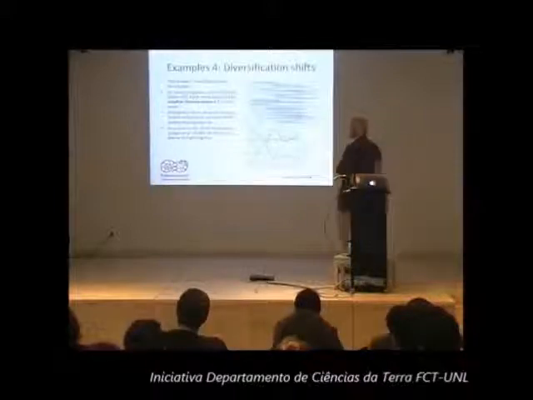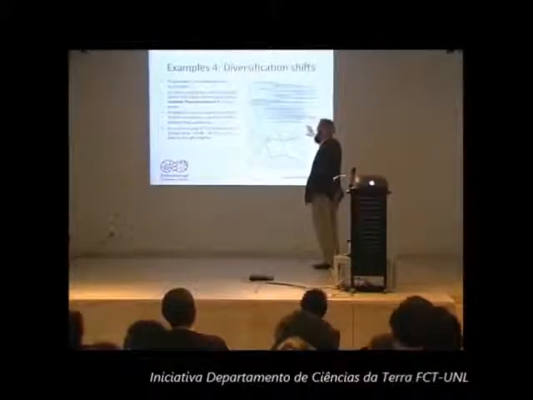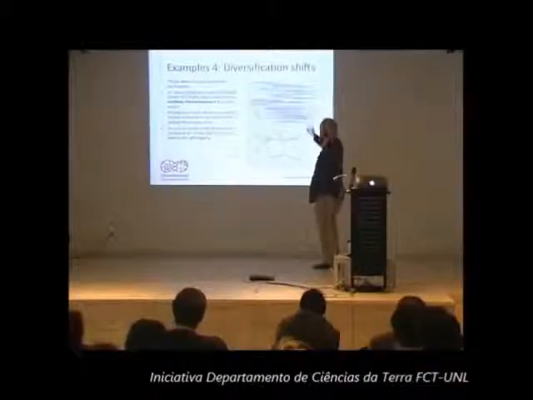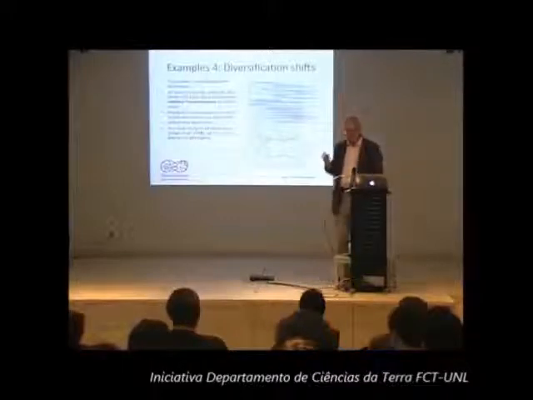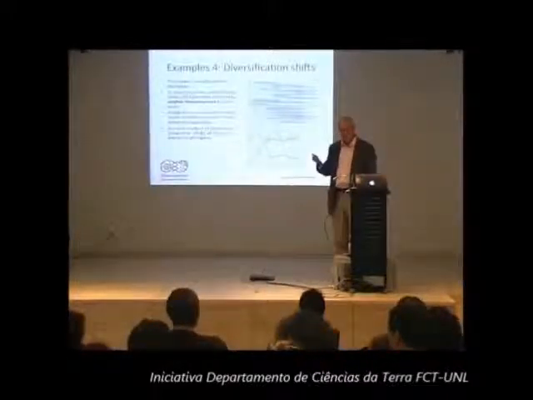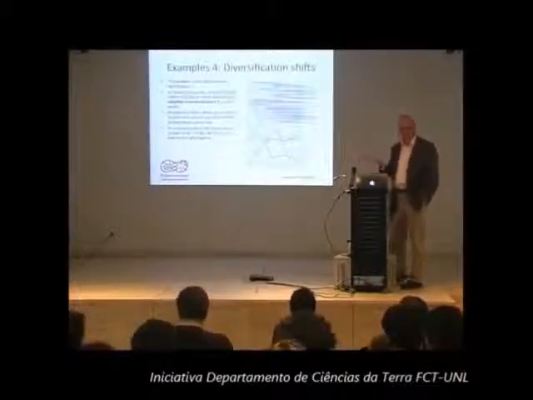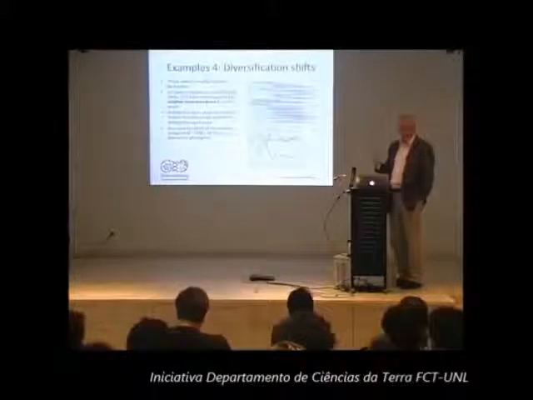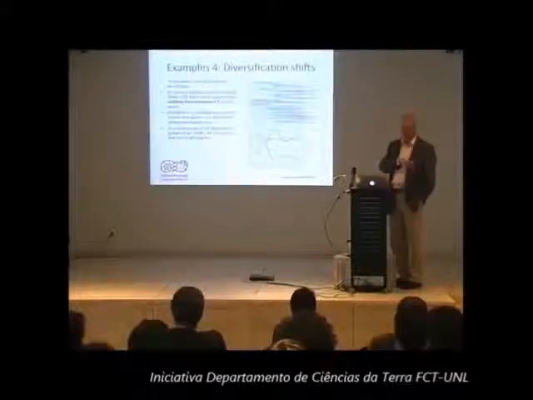Another approach that is now feasible with phylogenetic trees is to explore diversification shifts. This is the idea of trying to find times when rates of evolution were very fast or very slow. And methods for these calculations had been developed quite a while ago for use on molecular trees, but they're now being made available for use with deep time trees and can accommodate extinction.